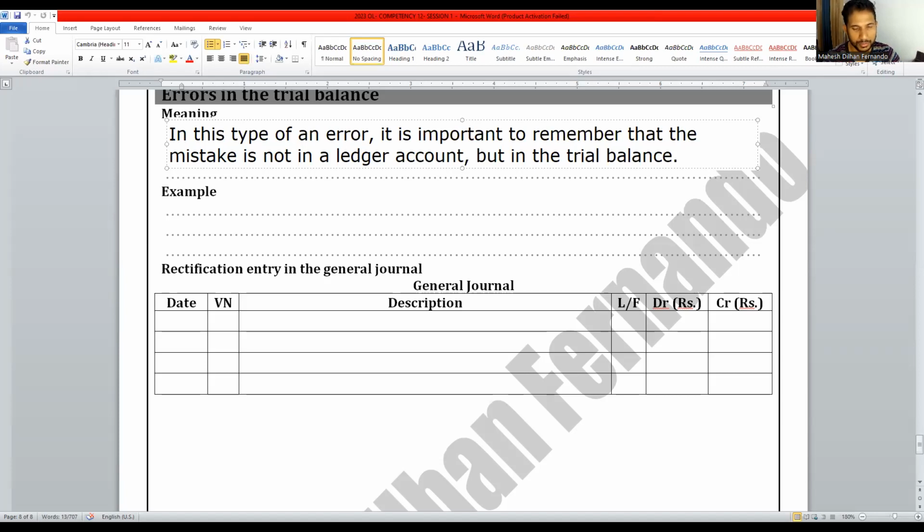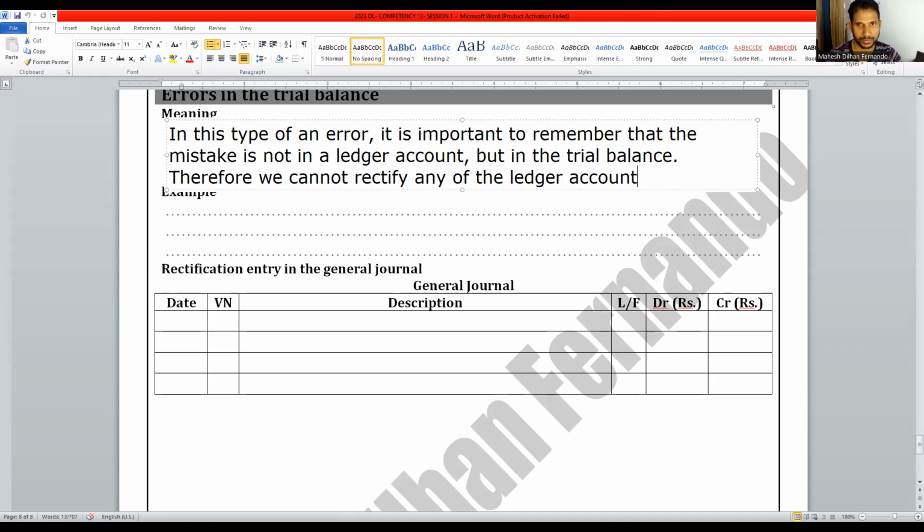Therefore, we cannot rectify any of the ledger accounts.